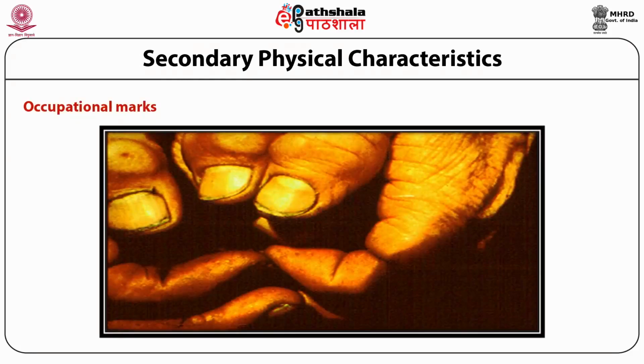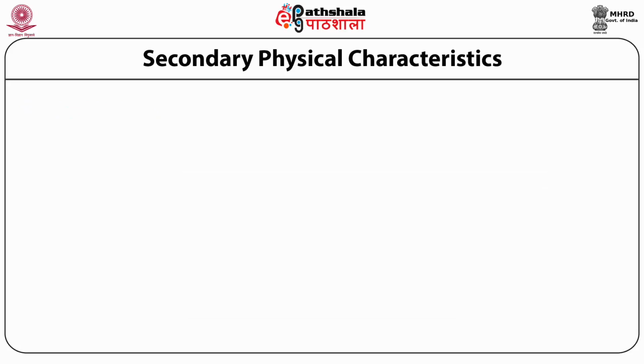The presented image is showing you an example of an occupational mark, in which the hand of a manual laborer is shown. The next source of secondary identification is deformity.